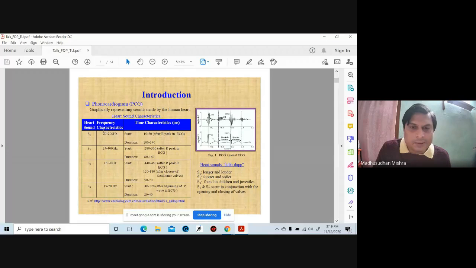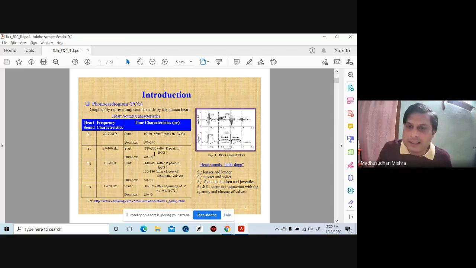This table is presented to mention that these bio-origin heart sound signals have very low frequency as well as low amplitude.